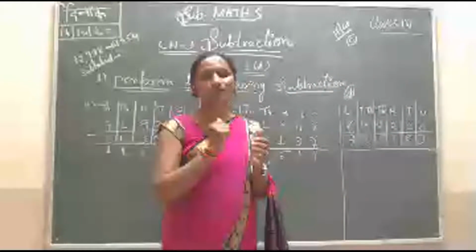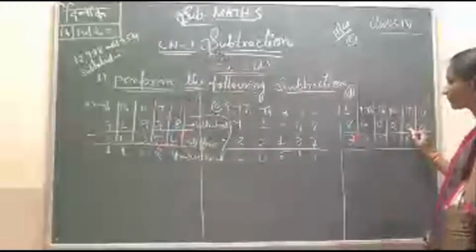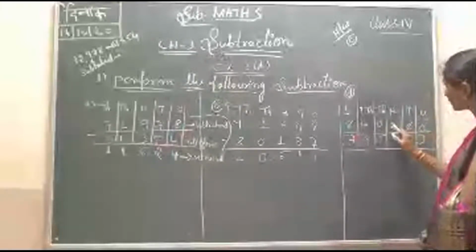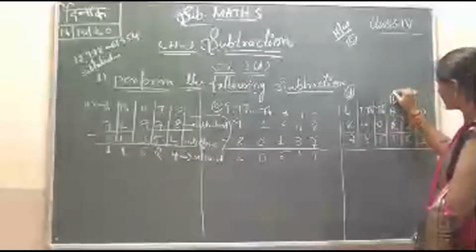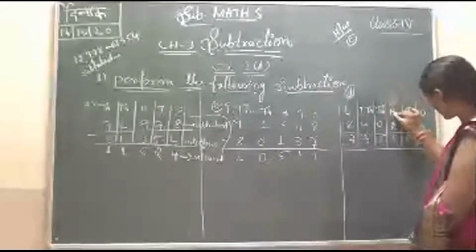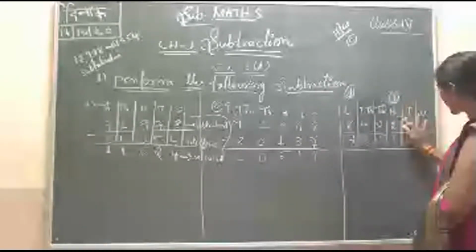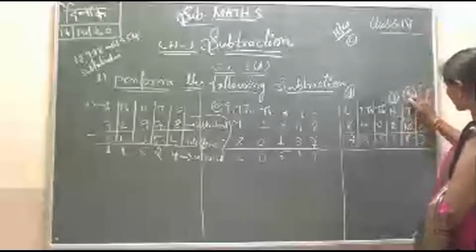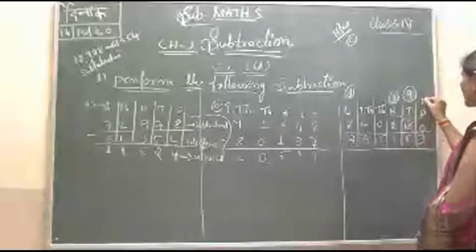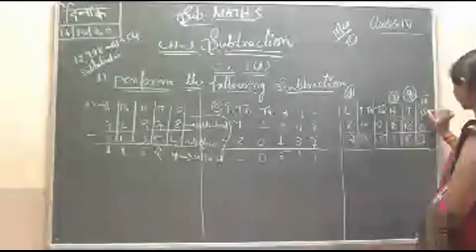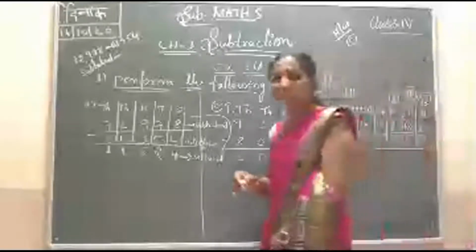So how do you take the carry from the side number? First you have to take the carry, so 1 is left here. Here 0 becomes 10, but you take carry again from the side, and 9 is left. So 10 minus 3, what is the answer?